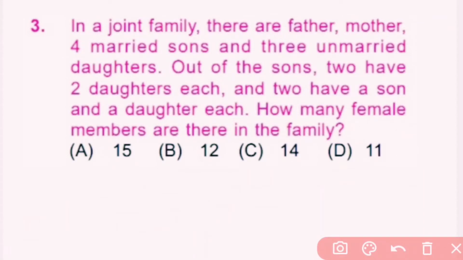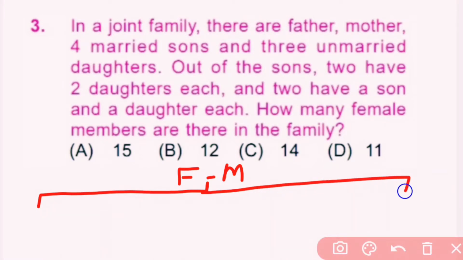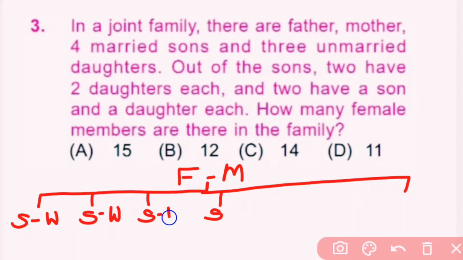So in a joint family, father and mother are there and they have 4 married sons. Means their wives are also there. And 3 unmarried daughters.